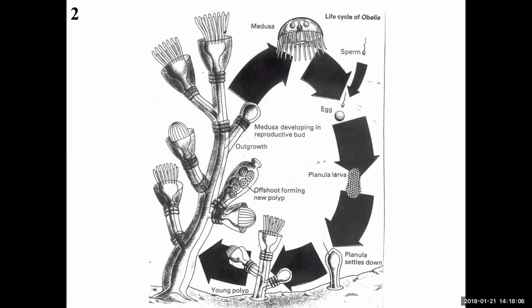There's another organism that we want to look at with regard to budding called the obelia. This is a small animal. It's related to a jellyfish, and they exist in two forms. We're going to talk about the asexual form. They exist as polyps, which stay attached to rocks. The polyps are slender and cylindrical. They grow and produce many offshoots, just like a plant, and they grow by budding to create identical polyps.